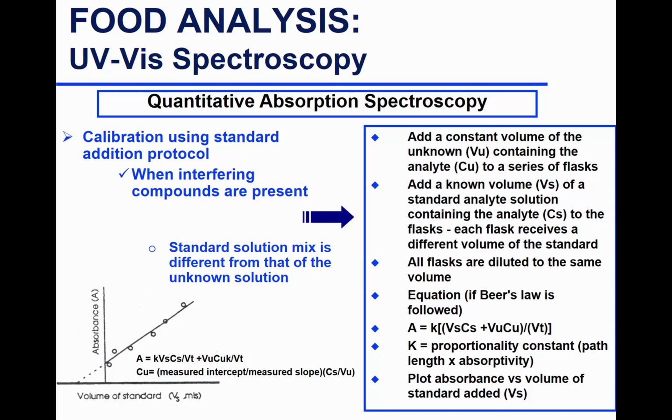You have multiple interfering components in there that might result in untrue absorption, overestimated absorption, or even underestimated absorption. So in this case, we follow what we call the standard addition method, which is a complex calculation a little bit, but it is not that hard to do.